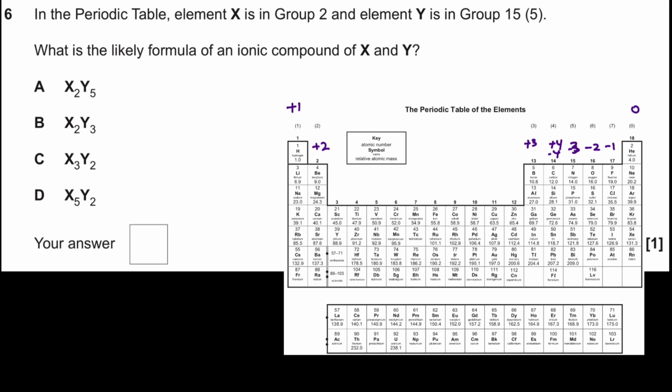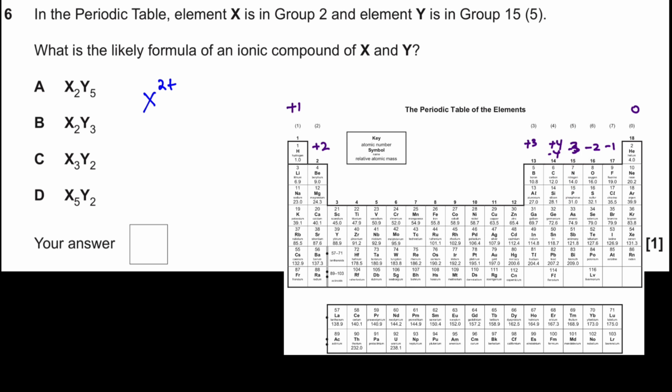If you are element of group 2, you will have oxidation number of +2. X is group 2, so X will be 2+. And if you are group 15, that's group 5 here, that will be 3-.